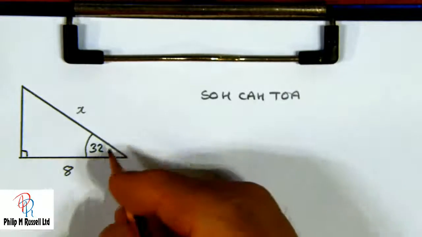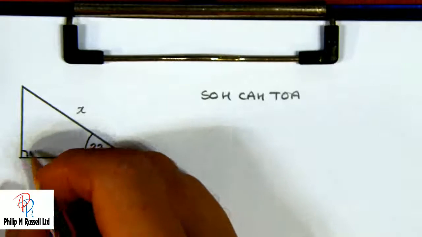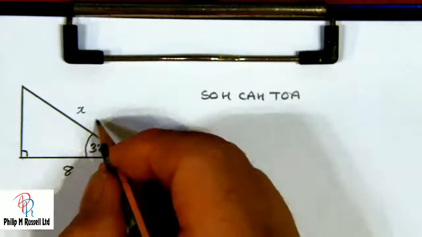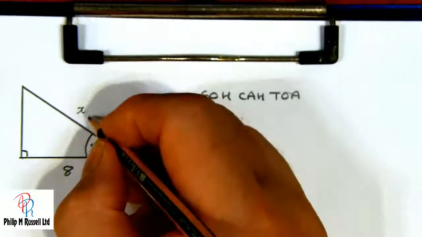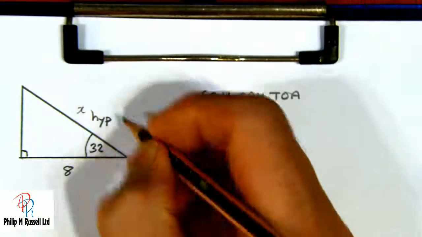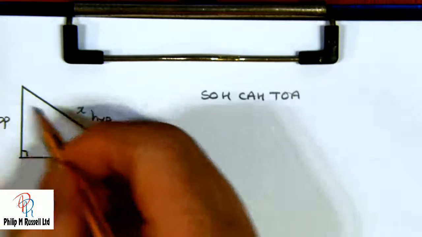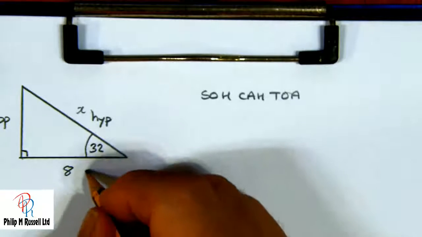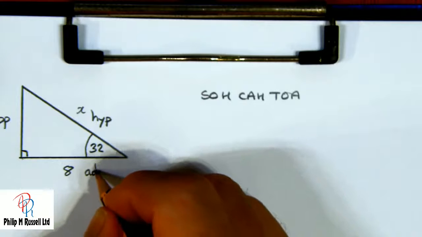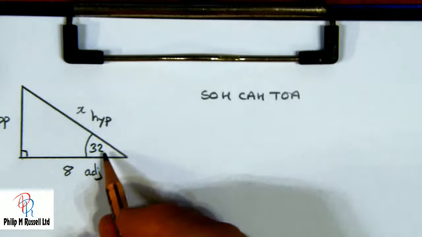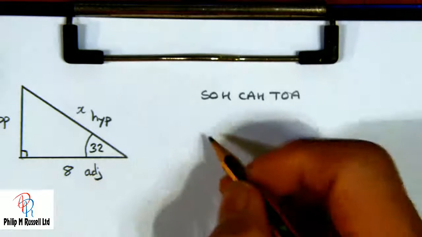Let's label our triangle. So side X is opposite the right angle. It's also the longest side, so it's the hypotenuse. This side here is the opposite, and the 8 here is next to the angle, so it's the adjacent. What have we got?